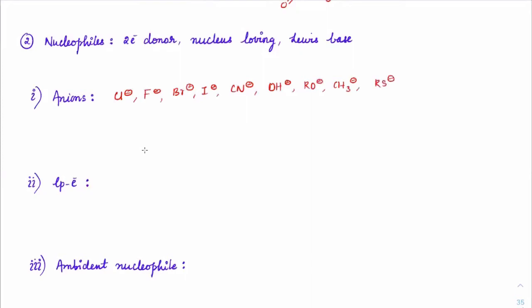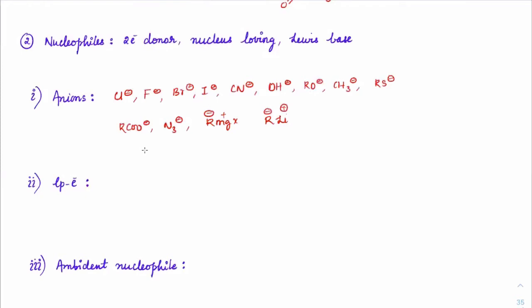So we can have a lot of them. So RCOO minus, N3 minus azide, and RMgX, which is known as Grignard's reagent, here we have plus and minus, so this will also act like an anionic form. Gilman's reagent, where it is R minus and lithium has plus, will also act like nucleophiles.